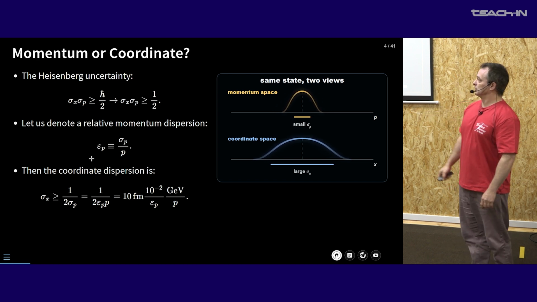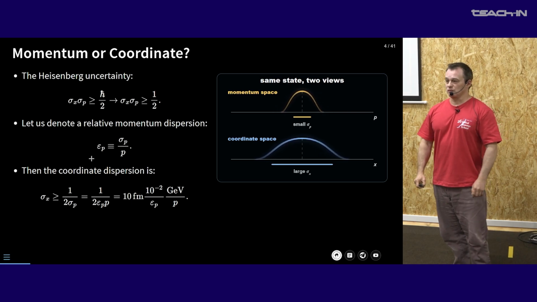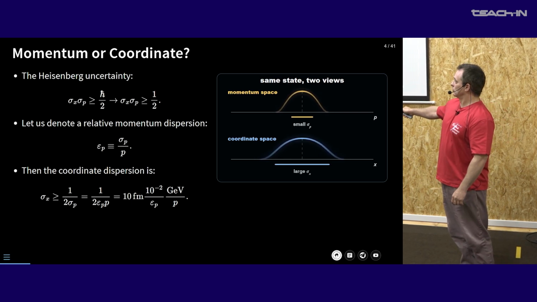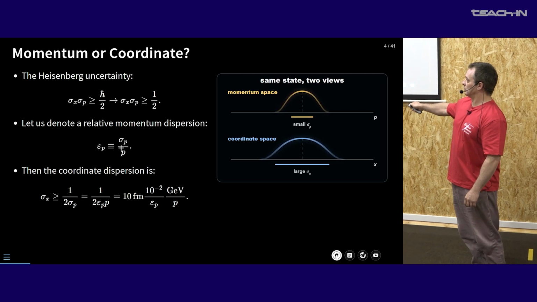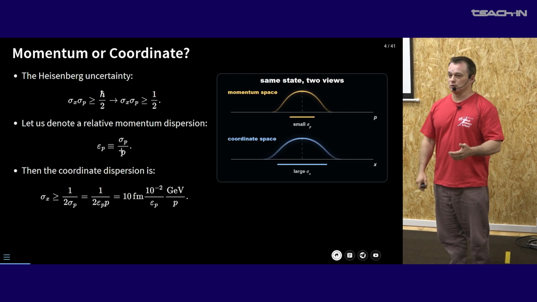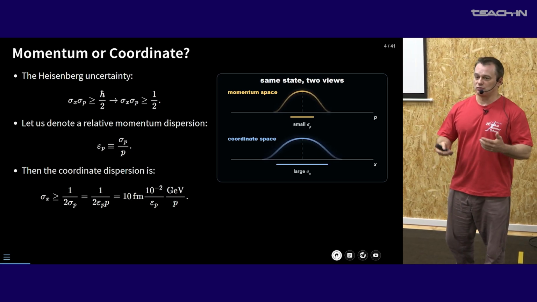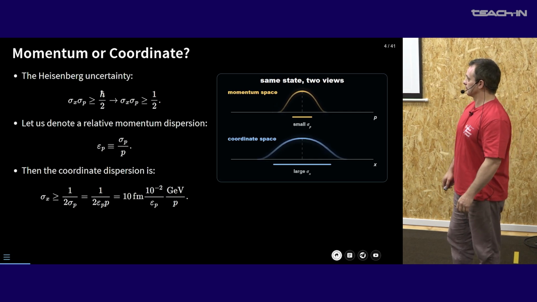Then let me introduce a dimensionless relative dispersion of momentum, epsilon, which is just the ratio of the dispersion of momentum divided by momentum. This is something which experimentalists deal with in their detectors, and they want to have this value as precise as 1% or something like that.